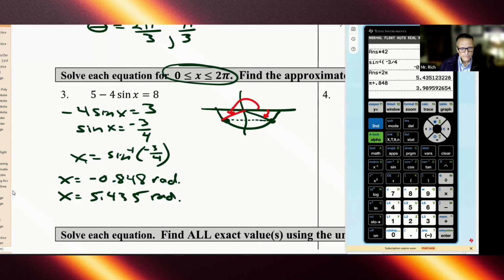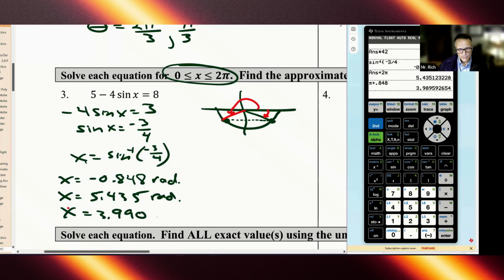And so that other angle that is over there in the third quadrant has to be 3.990 radians.